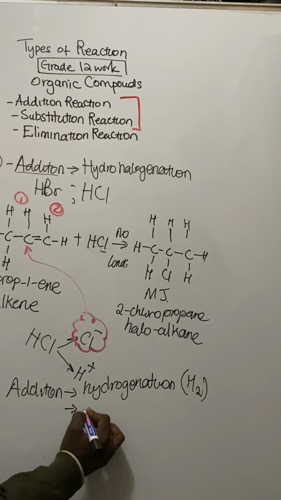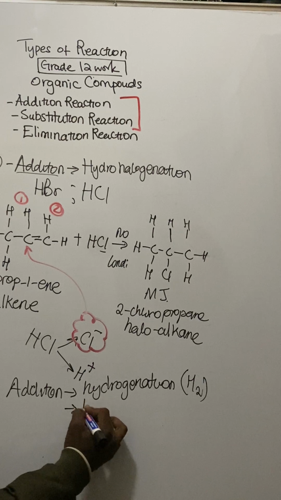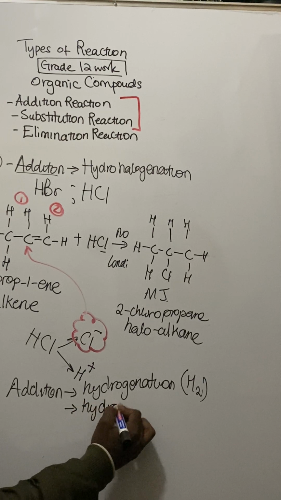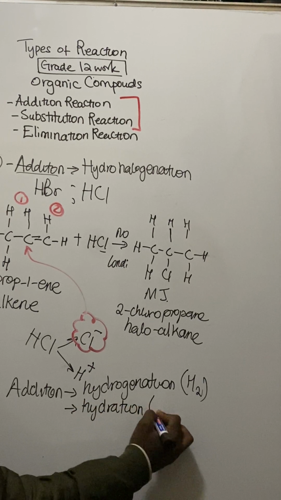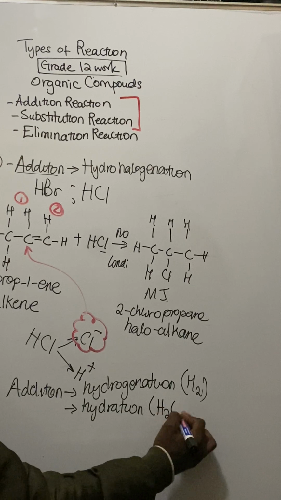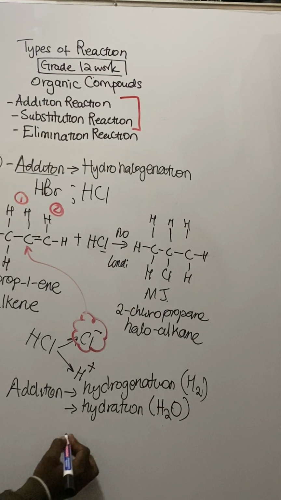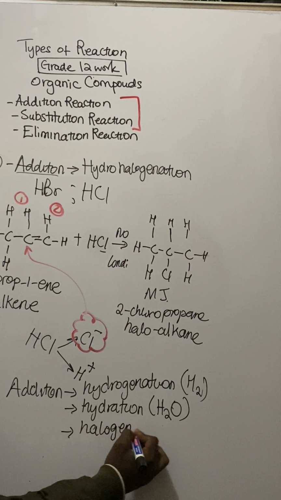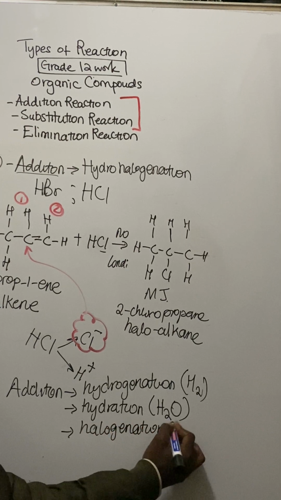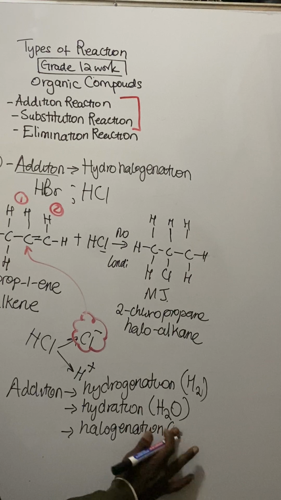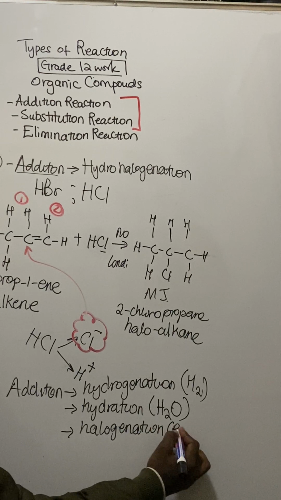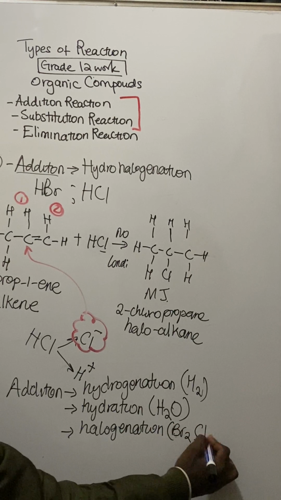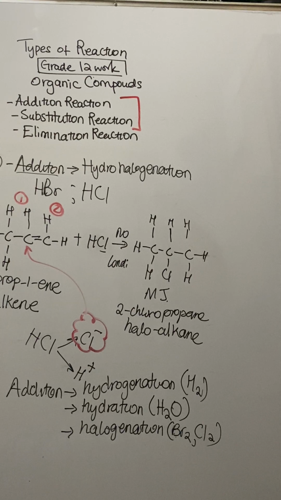The second one is hydration. Hydration is where we add H2O to an alkene. And then number 3, we have halogenation, which is adding Br2 or Cl2 to an alkene.